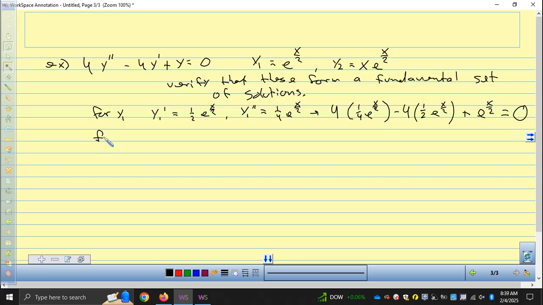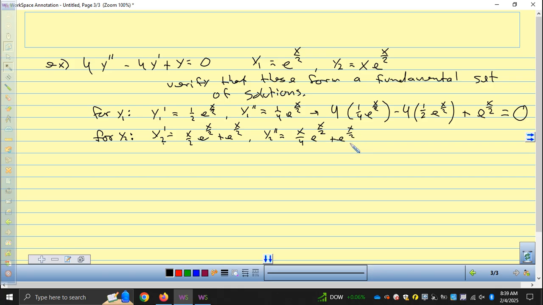For y2, this is where we end up with product rule. You end up doing a lot of derivatives. This one's not terrible. y2 prime is x over 2 e to the x over 2 plus e to the x over 2. y2 double prime is x over 4 e to the x over 2 plus e to the x over 2.